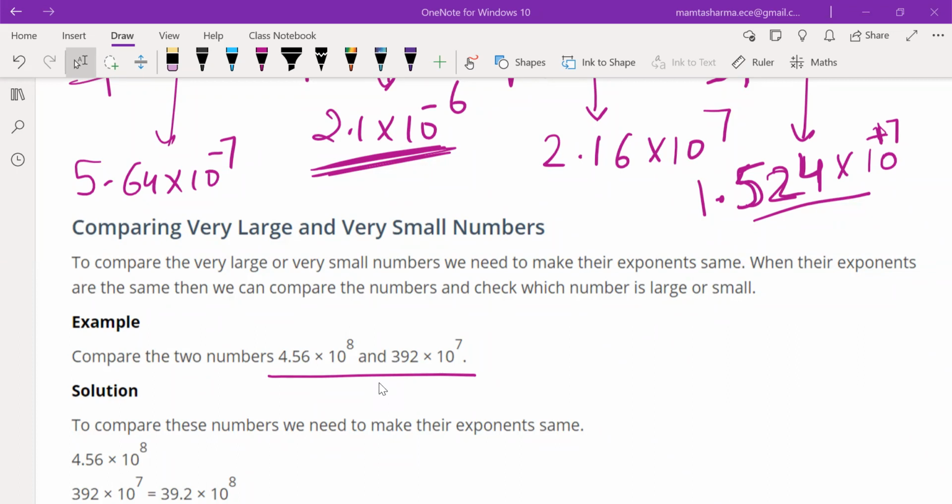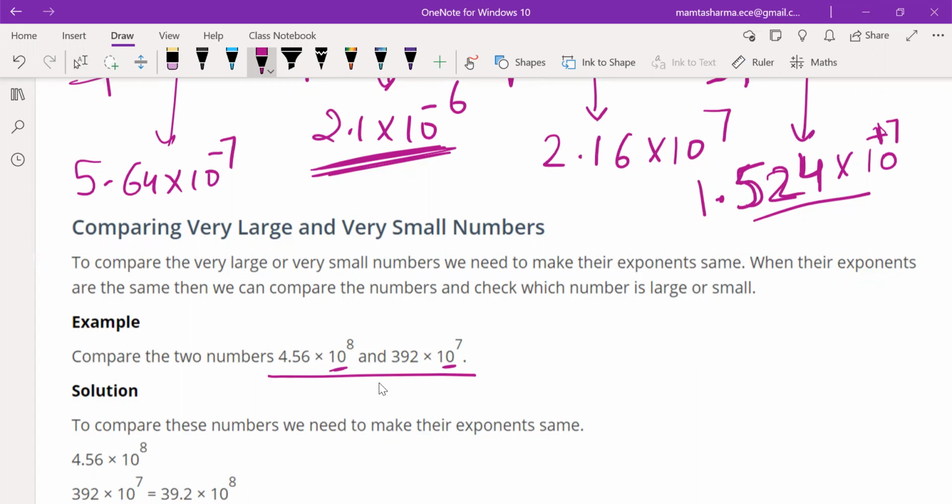Sorry, we should write 39.2 and near 10 we can write 8. Yes. So the simple way is you first make the exponent term equal. 39.2 into 10 to the power 8. After making their exponent terms equal, you can compare the numbers directly.